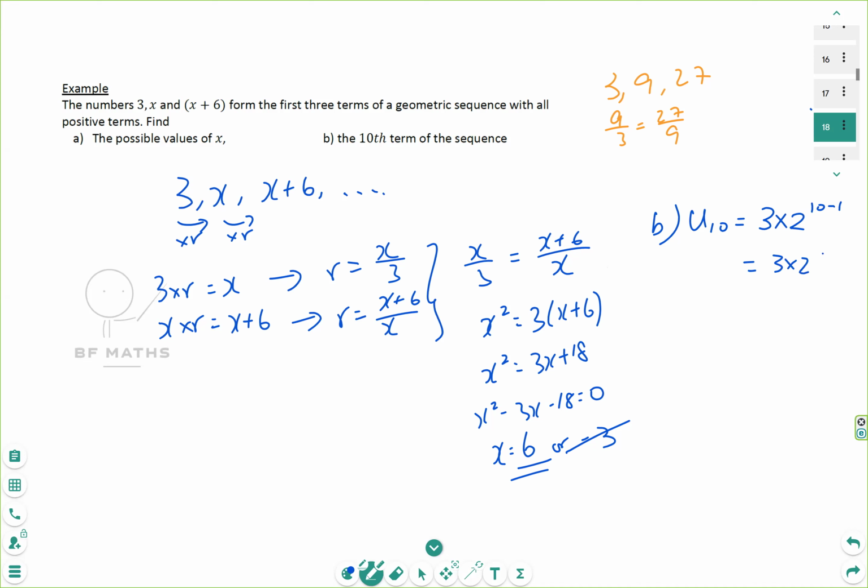So 3 times 2 to the power of 9, which is 1536. Use the calculator, so be careful with that. I shouldn't be subbing in 6, which I did as a mistake, but I quickly realized that's wrong. If you don't have my superpower, you should check your answer carefully. So x is 6, but it's not r. R is 2 because 3 times 2 is 6 and 6 times 2 is 12.